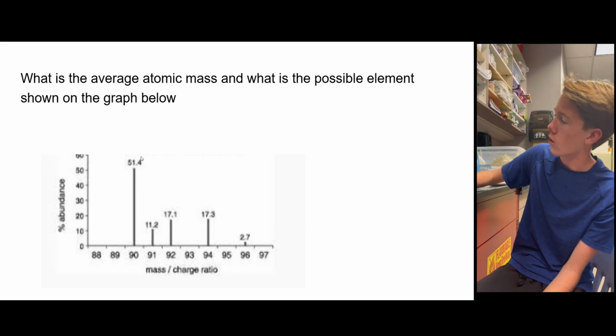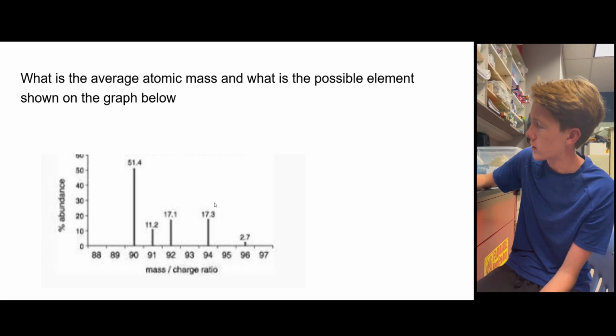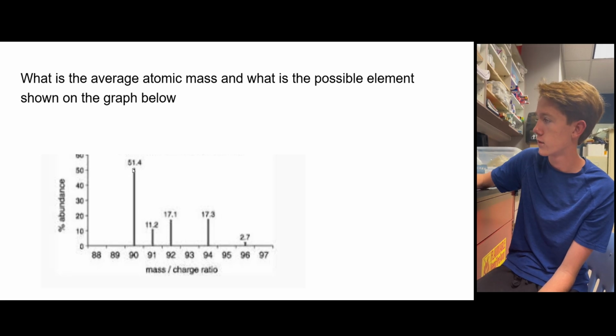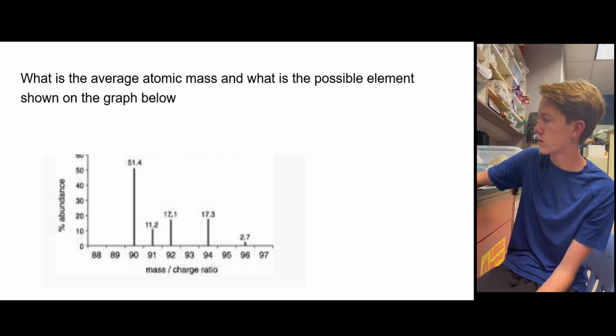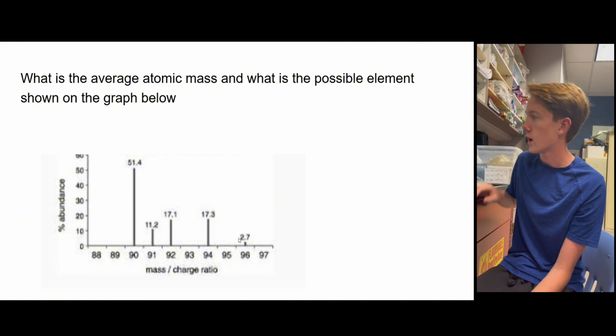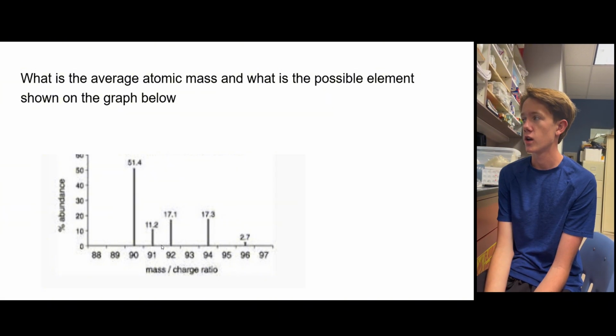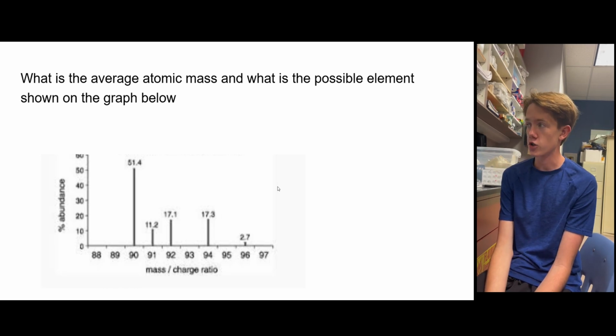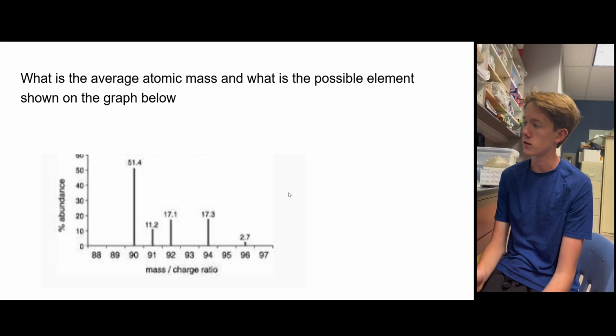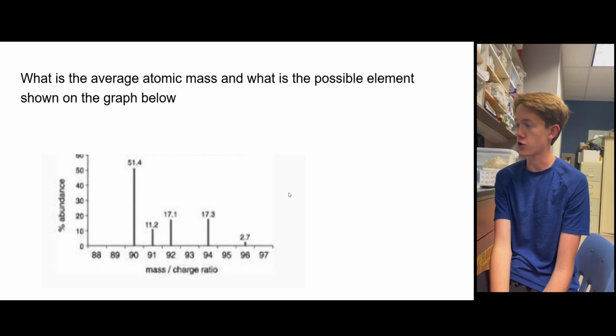Eventually, once you plug in all those numbers for each of the given isotopes, you'll end up with, I believe, around 91.3, which is the average atomic mass, which then leads us to look on the periodic table to find that the element given is zirconium.